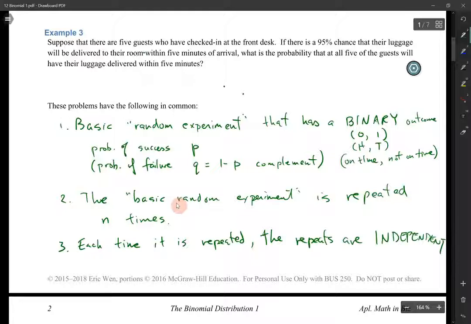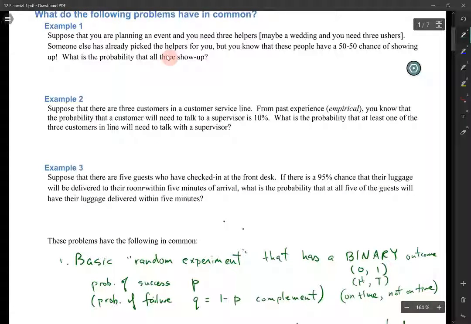So for example, it would not be independent if the three helpers were all friends or in the same family, right? Because if they all come in the same car, then that's not independent.